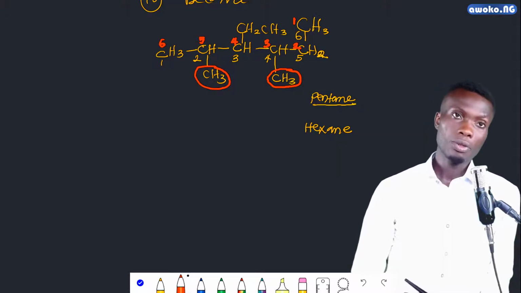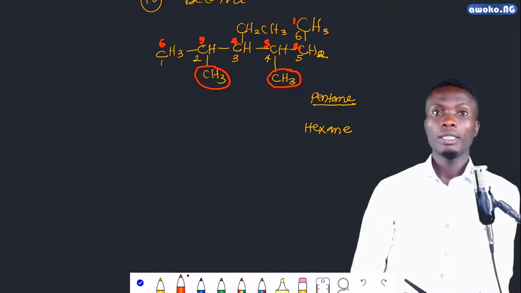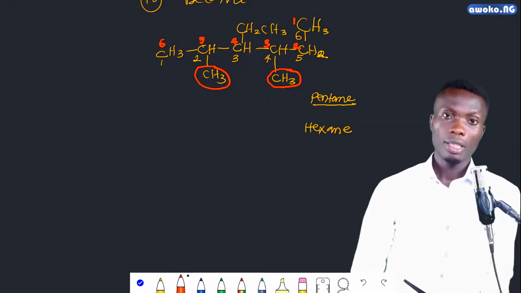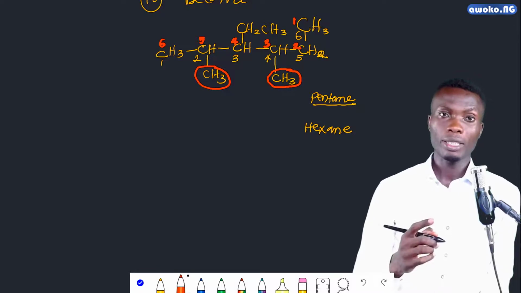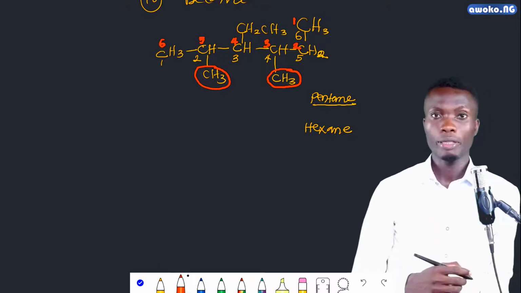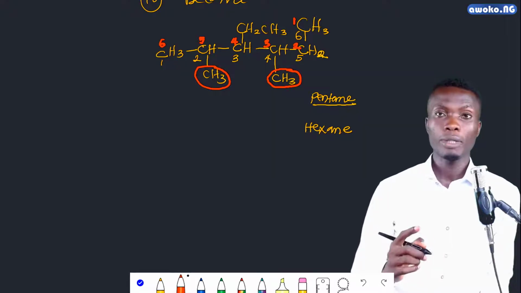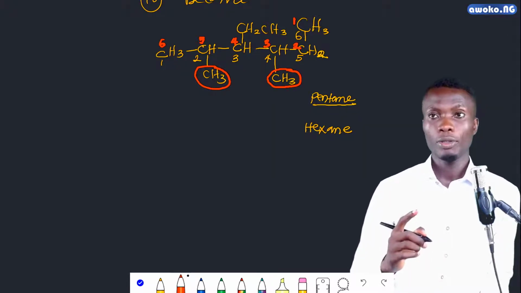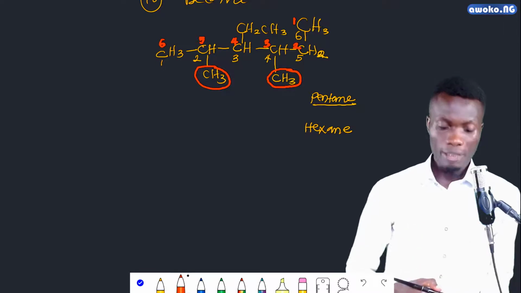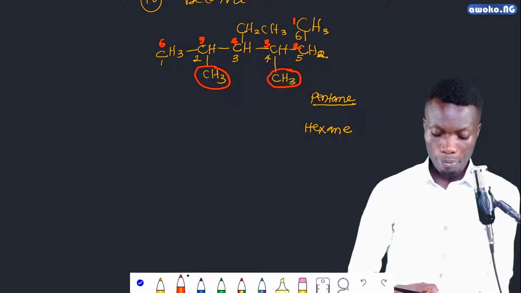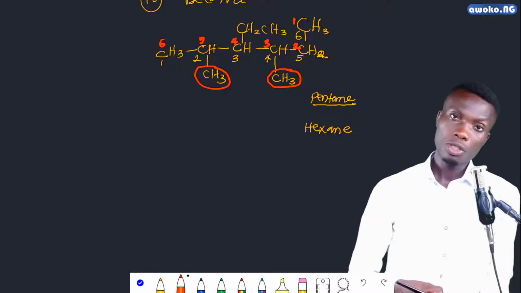Another rule comes in now: you should count from the direction that gives you the first branch the least possible number. Count from the direction that gives the first branch the least possible number. So, if I counted from the left, I had my first branch at position 2.